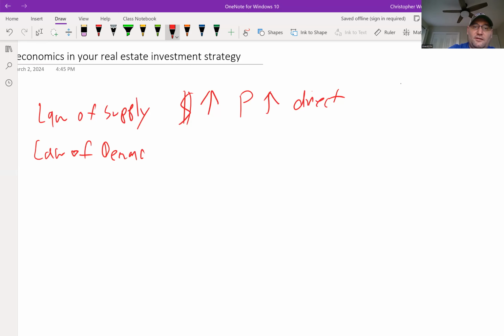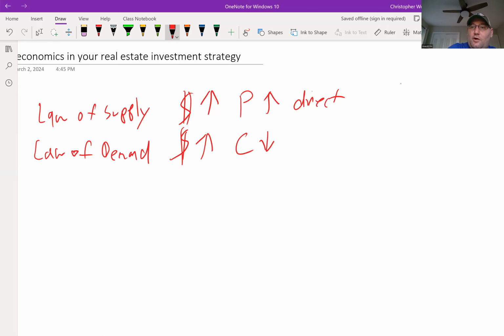As prices increase, the amount that we want to consume decreases, or the quantity demanded goes down. If we have pens that are for 10 cents, we want to buy them. If they're for $10, we don't want to buy as many, right? That's the law of demand.